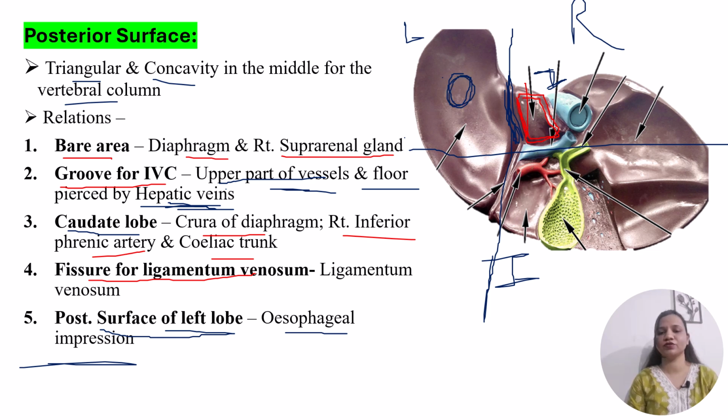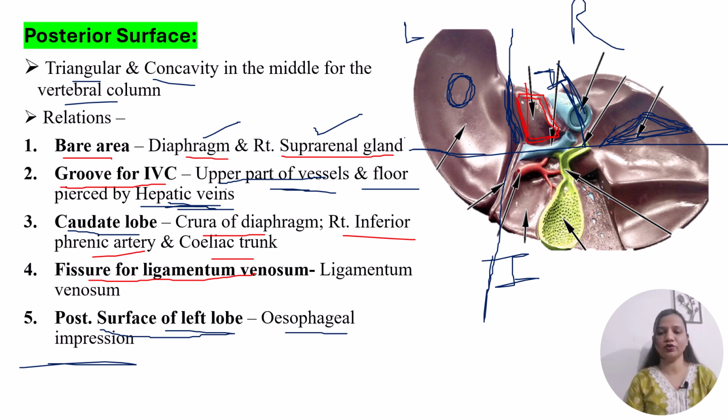So these are the important points to keep in mind regarding the posterior surface relations of the liver. First is the bare area, which is related with the diaphragm and right suprarenal gland. Then there is the groove for inferior vena cava, which is related with the upper part of the vessel.